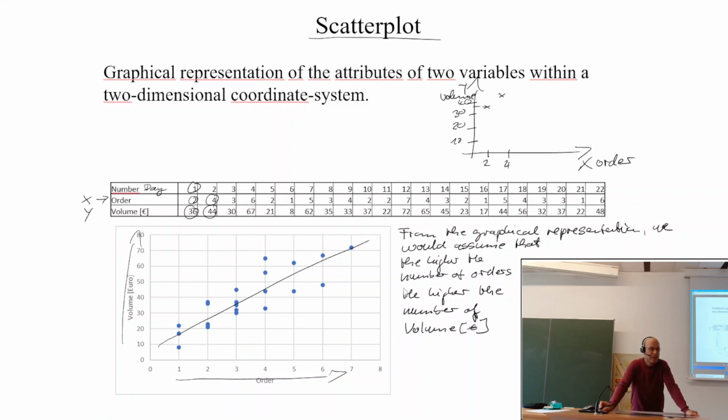But of course, in economics, we are not interested only in the qualitative dependence. We are, of course, then interested in a quantitative dependence. So, for example, because of this dependence, would it be a good choice to hire a new guy in order to increase the orders, maybe?